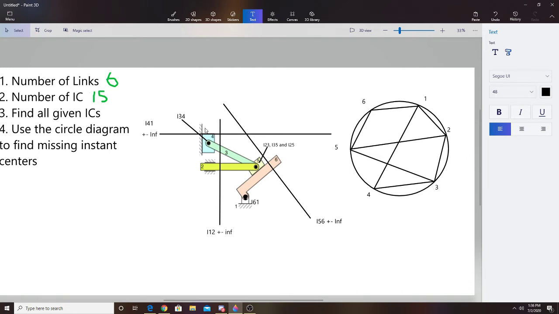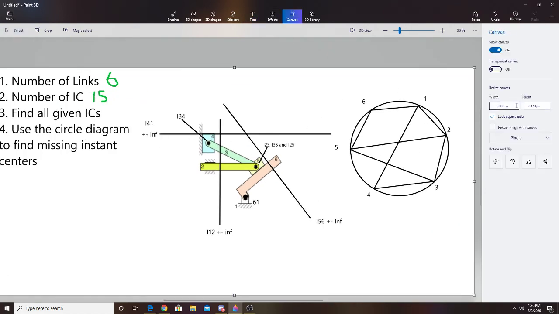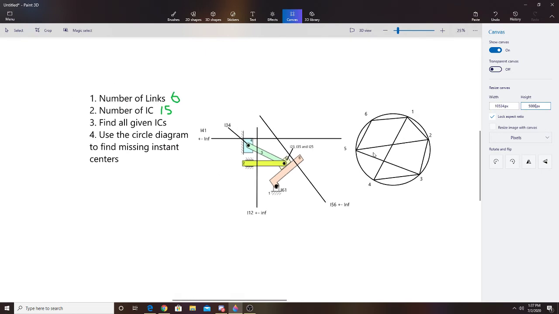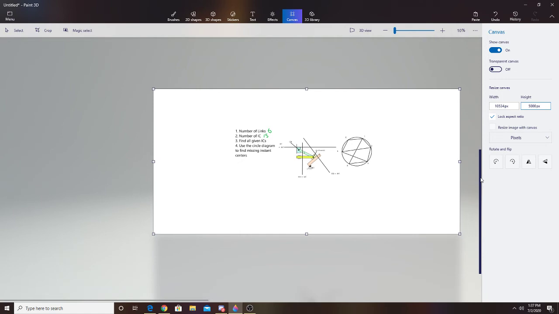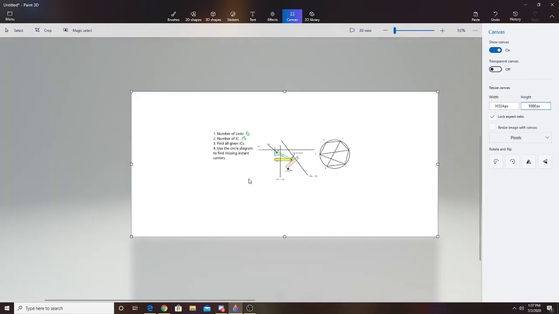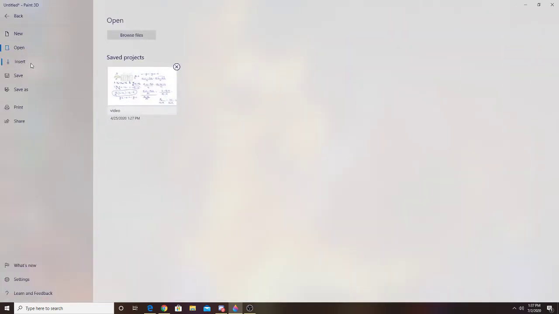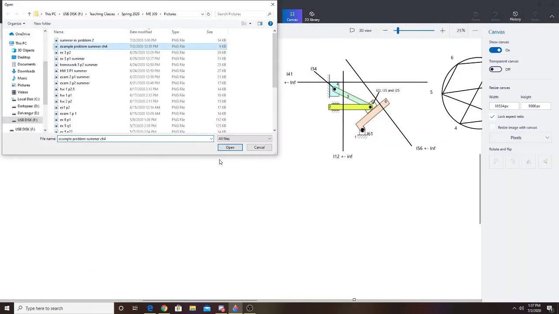I kind of want to do a blank diagram, which I think I'm going to do because this actually gets really, really bad. So we're going to try and change the canvas height. I'm going to add this same picture back again and put it down here. We're going to keep them where they're at so you guys can see it, and then I'm going to solve a blank one because that would have been really annoying.